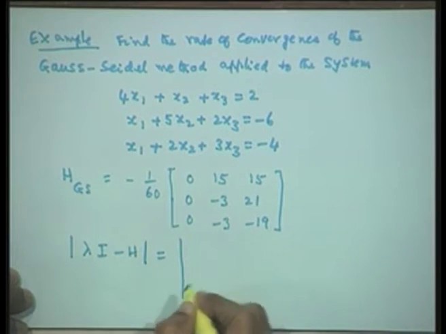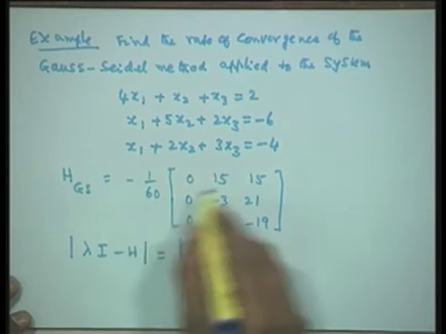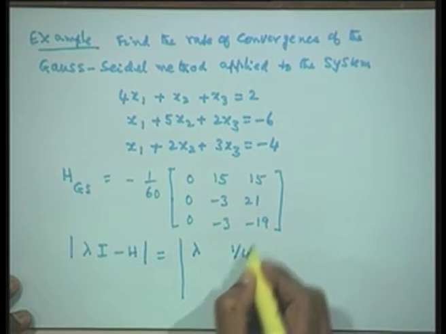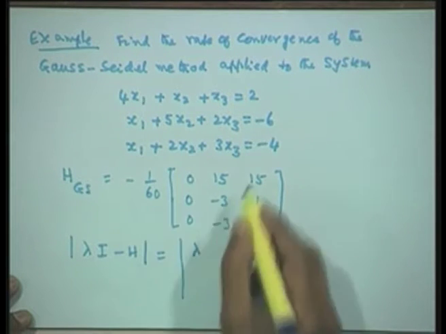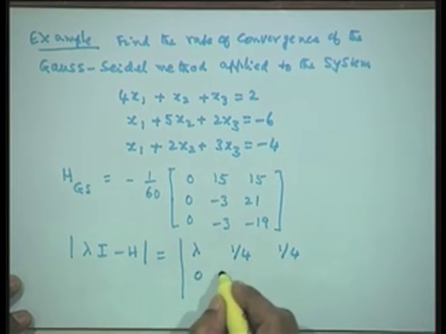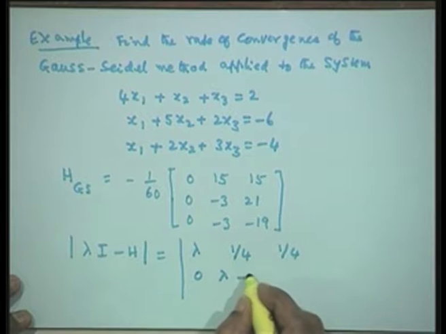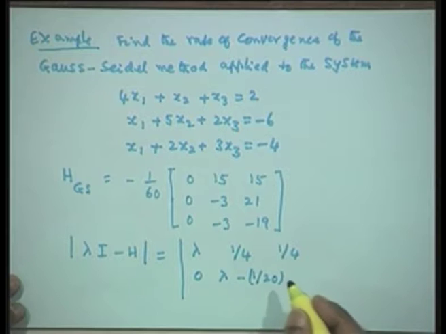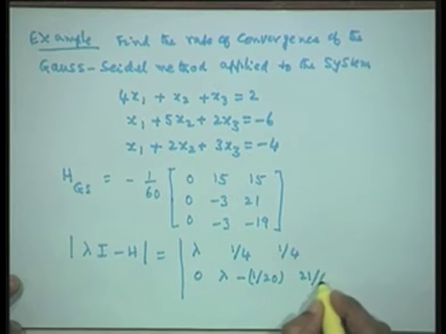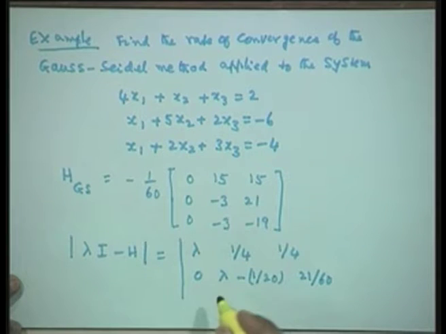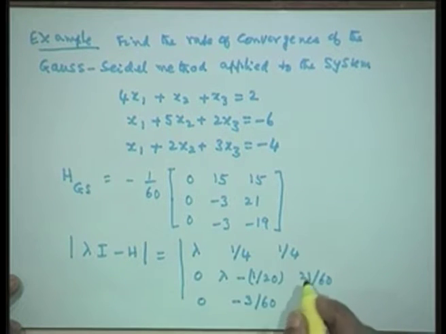That will be equal to the determinant: lambda, we take 1 by 60 inside, so I will have 1 by 4, 0, lambda; this is plus sign, therefore this minus sign will be retained, so this is minus 1 upon 20. 3 by 60 I will take as 1 upon 20 and 21 upon 60, this minus sign is absorbed, so 21 upon 60. And this is minus 3 by 60, well 1 upon 20, and this is lambda minus 19 by 60.